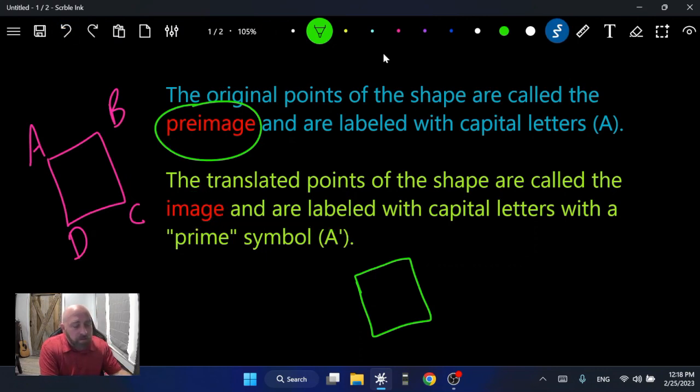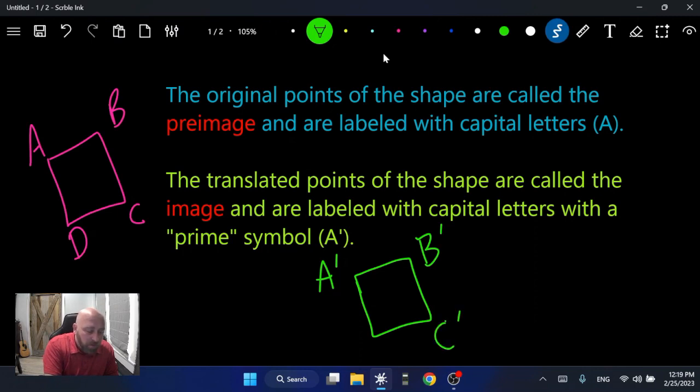What we do with this image is we label it like this with A prime. So this is now not going to be capital letter A, it's going to be A prime. And this is not going to be B, this is going to be B prime, C prime, and D prime. Now they're the same points, we've just moved them to a different location.